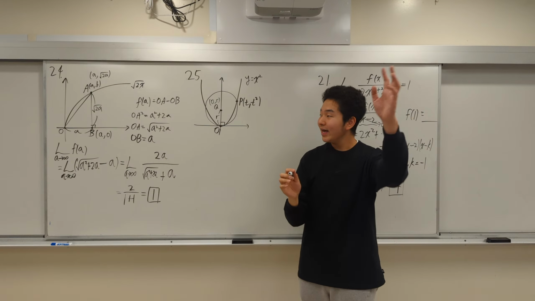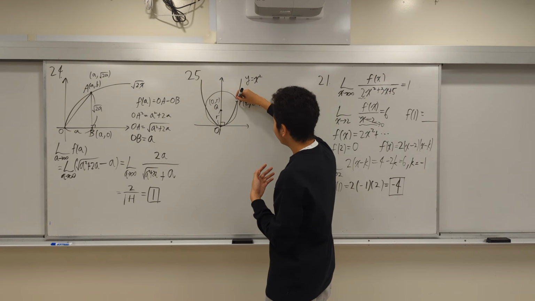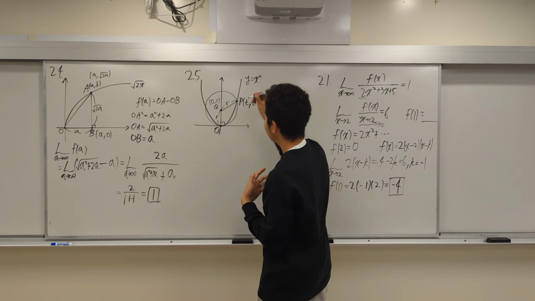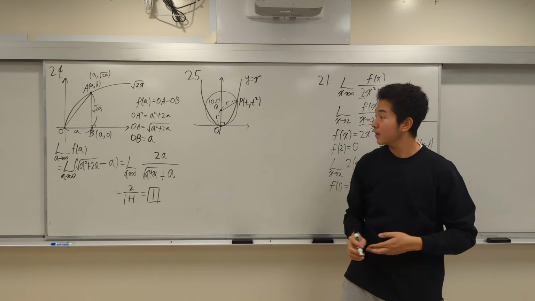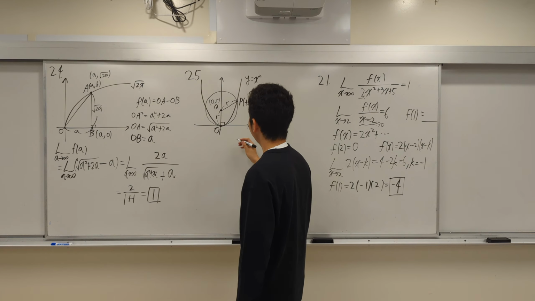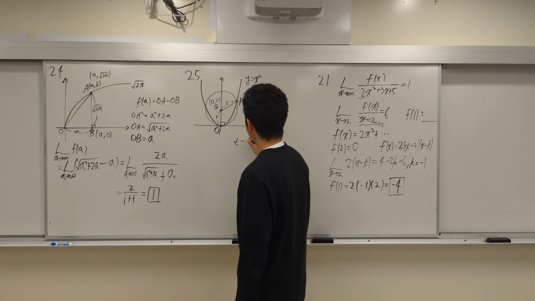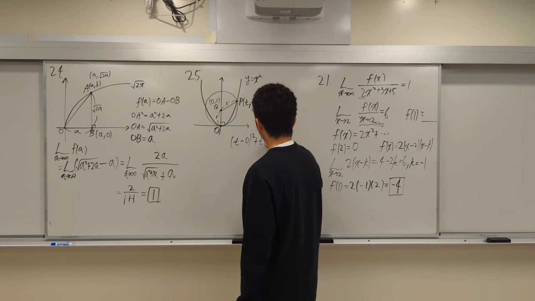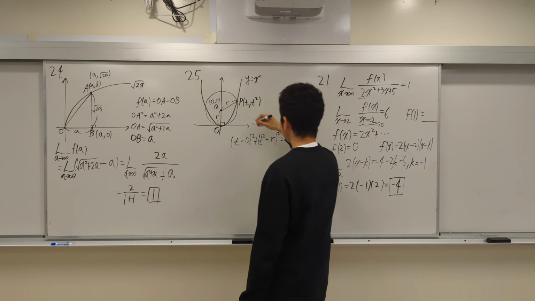And then what expression we can use is that the distance between P and Q also has to be r. So for the distance between P and Q, we can use the formula: t minus 0 squared plus t squared minus r squared equals r squared.